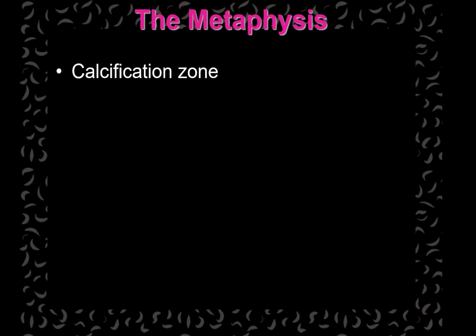Third zone, calcification zone. All right? And when we told you how the bones formed, what happened? The cells multiplied, swelled up, and then what was the next thing that happened? I know you haven't had the chance to study it, so just take a stab at it. The matrix around them calcified. Okay, calcification zone.